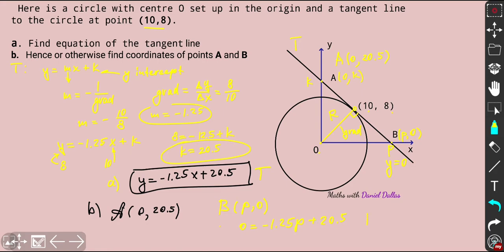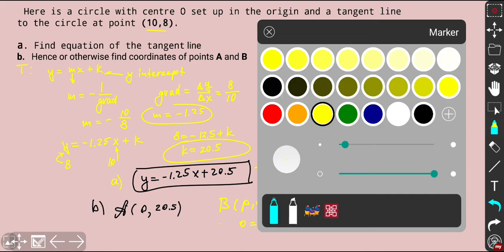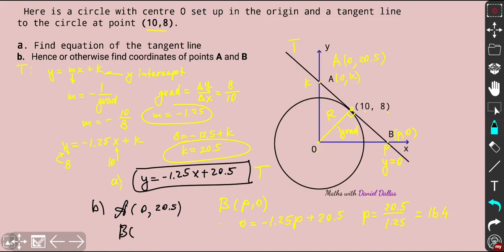So p is simply the fraction 20.5 over 1.25, which gives the value 16.4. It looks fair, and now we can finalize the B coordinates as our final answer: p value is 16.4 and 0 for y.